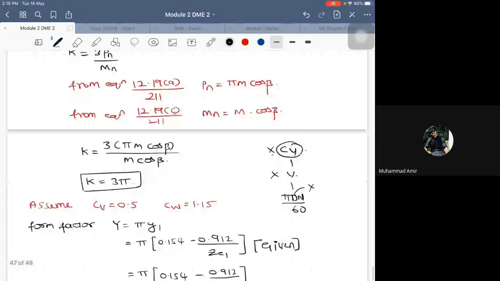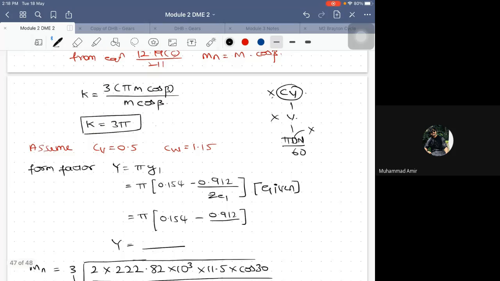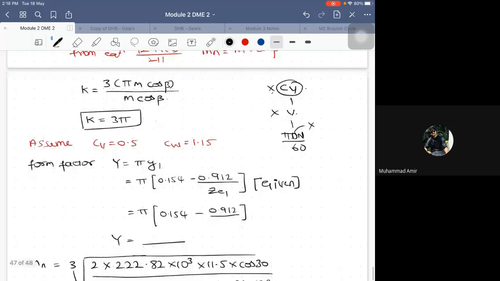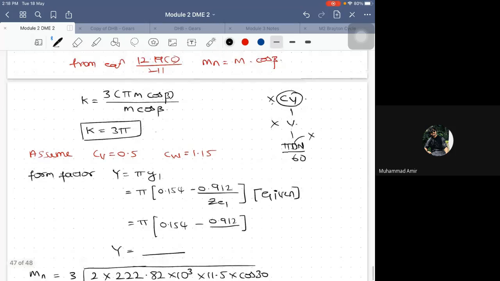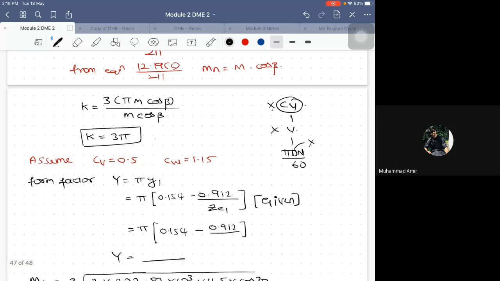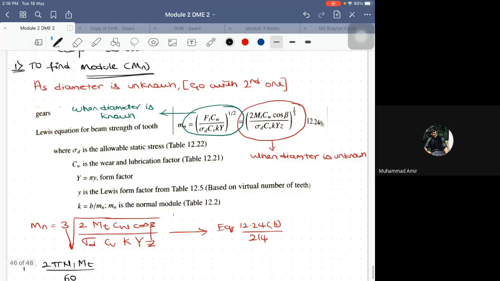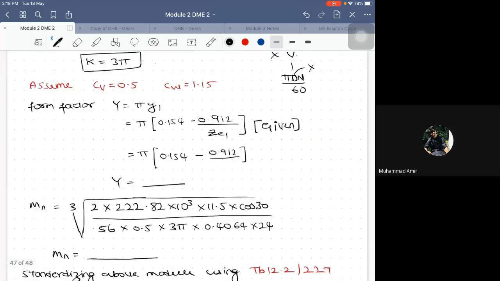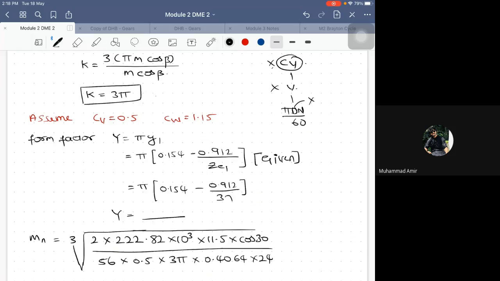Okay, let's move on. The expression given there for the Lewis form factor says Y is 0.154 minus 0.912 divided by ZE1. ZE1 value is how much? I'll just see it. It is 37. So just take it as 37.